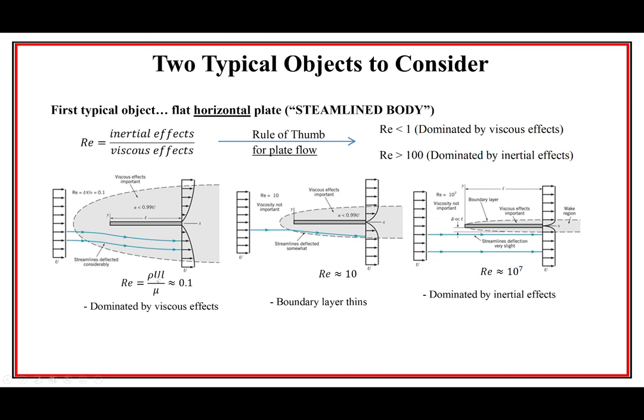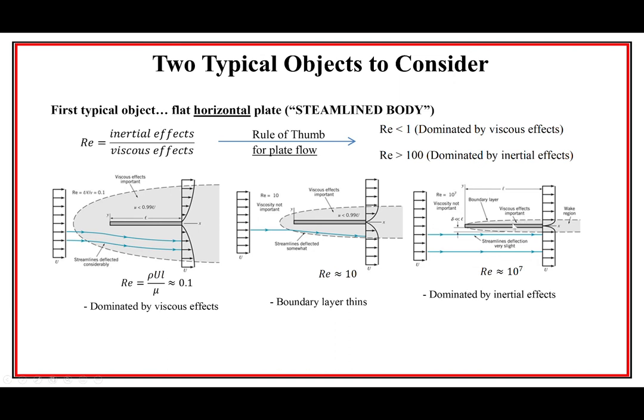And for a very small Reynolds number, that means that the viscous forces are much larger than the inertial forces. But as we get increased speed and increased Reynolds number, the boundary layer starts to thin, and then it starts to develop.